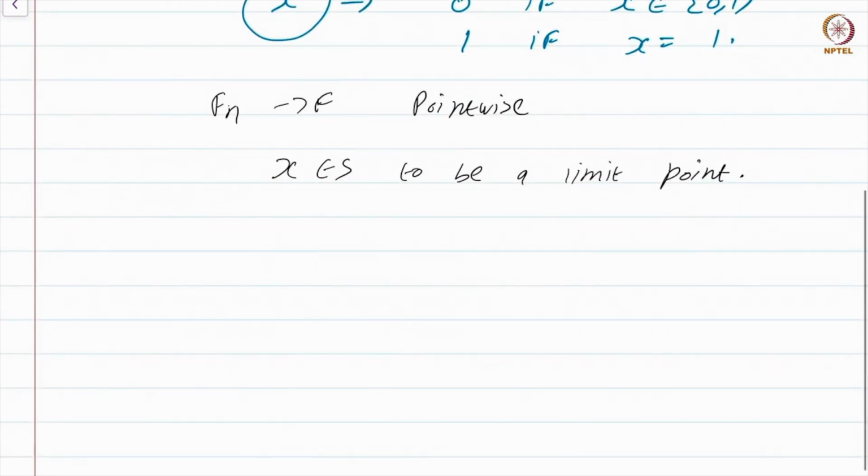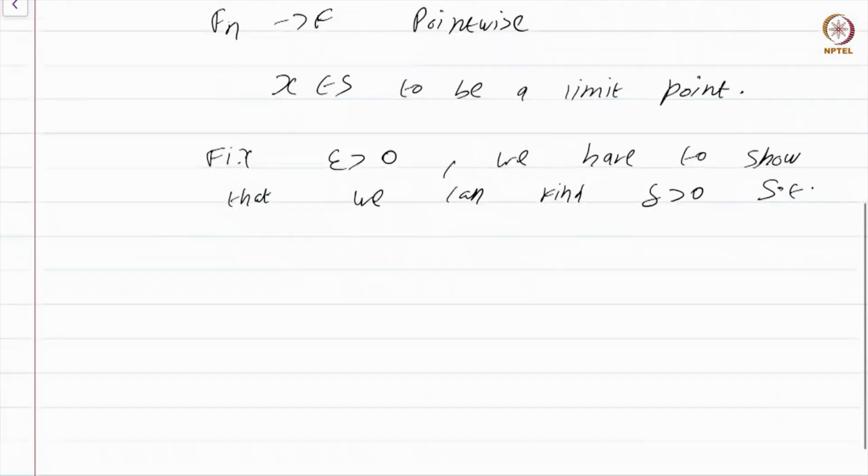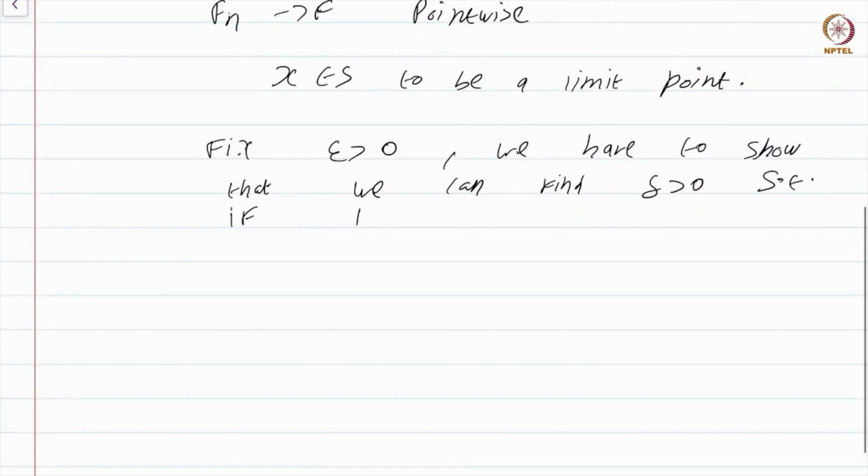Okay, so what we are going to do is the following. We fix epsilon greater than 0. We have to show that we can find delta greater than 0 such that if |x - y| is less than delta and y is coming from the set S, then |f(x) - f(y)| is less than epsilon.